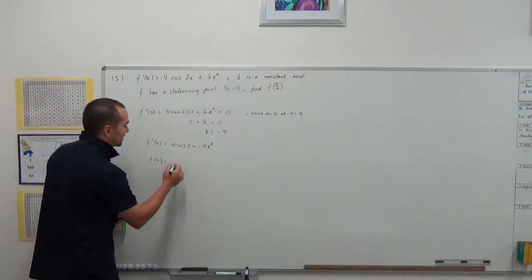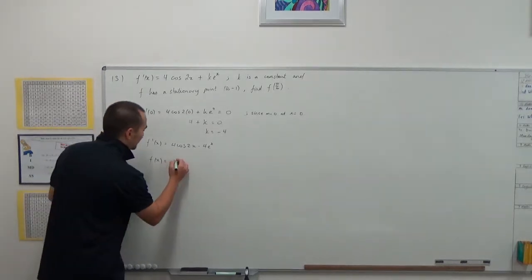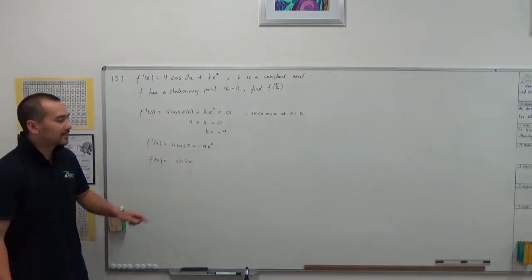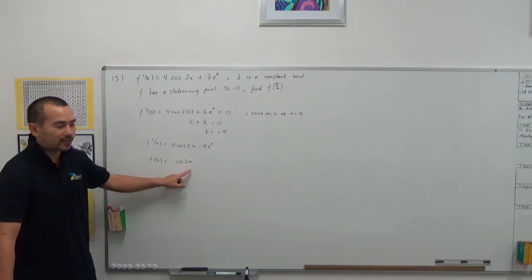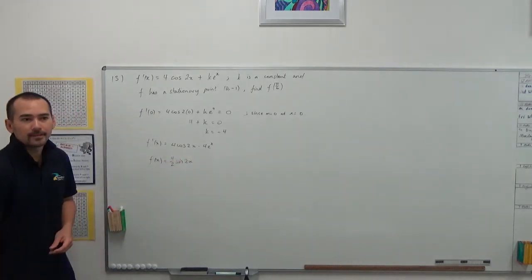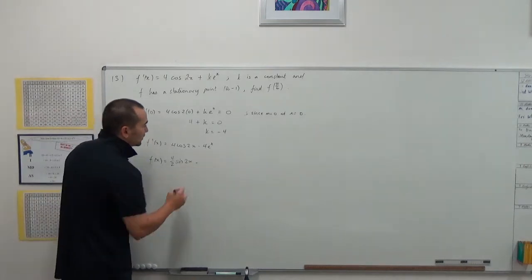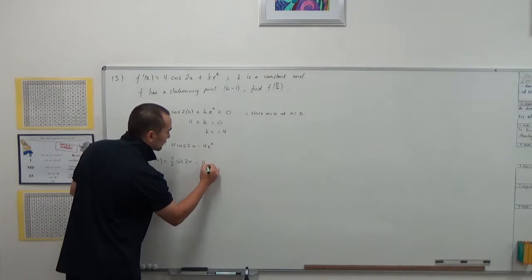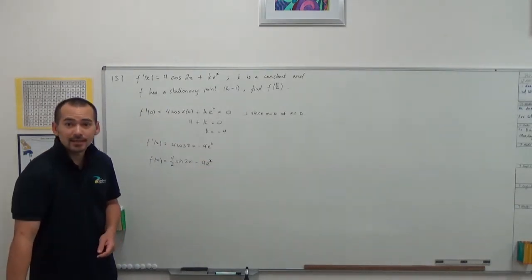So sine 2x, and then instead of multiplying by the inside derivative, we're going to divide. So I'm going to take that 2 and divide it. Take away, what is the integration of 4e to the x? 4e to the x, that's right. Plus c.